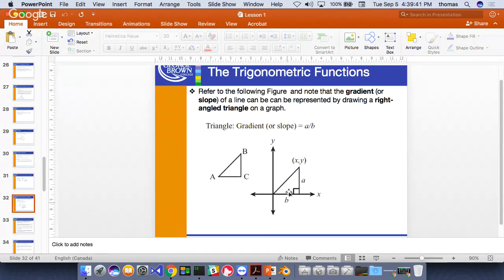Okay, b over c. So you can figure out, depending on which one you want to find out. If I want to find cosine, it's b over c. Well, take a look at that. Cosine is related to the x-axis, right? And sine is related to the y-axis.